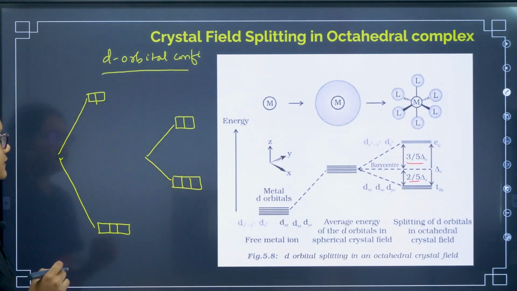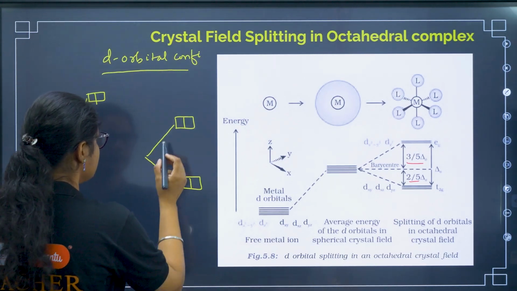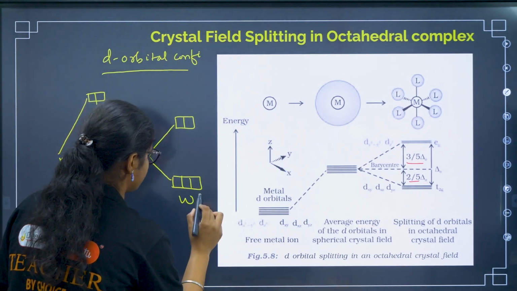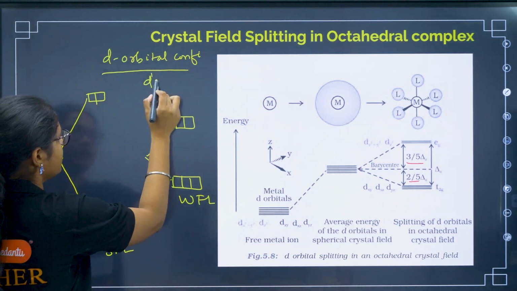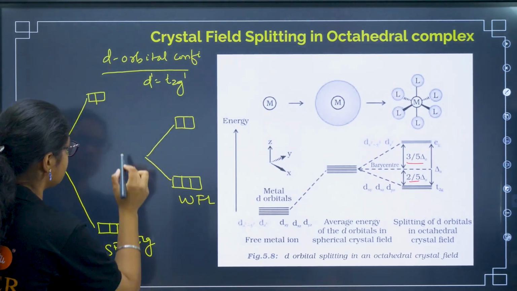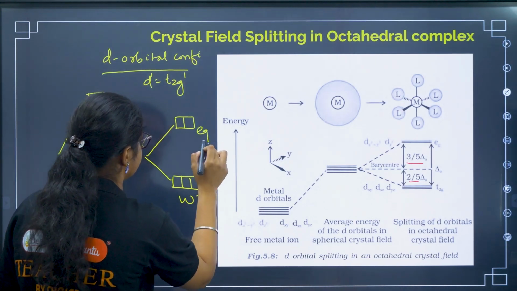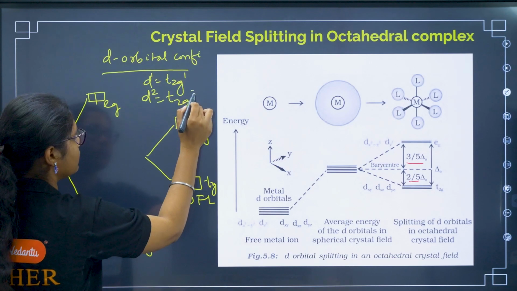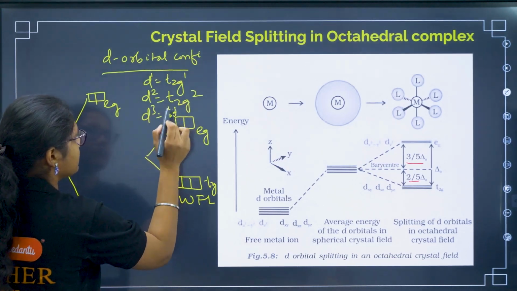Now suppose the configuration is d1. For d1 configuration, this is my strong field ligand and weak field ligand. So for d1, the configuration will be t2g1 for all the cases. This is t2g, this is eg, again this is t2g and this is eg. Similarly for d2 it is the same, t2g2, and d3 also it is t2g3.